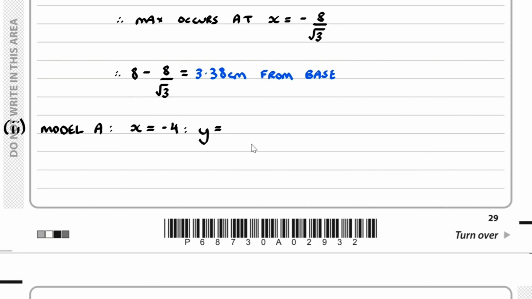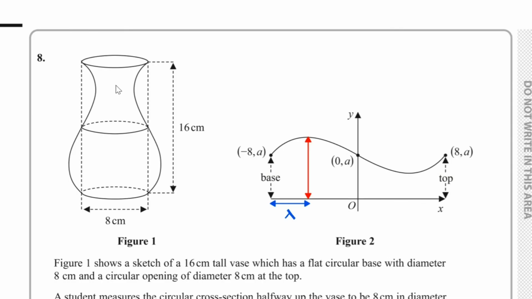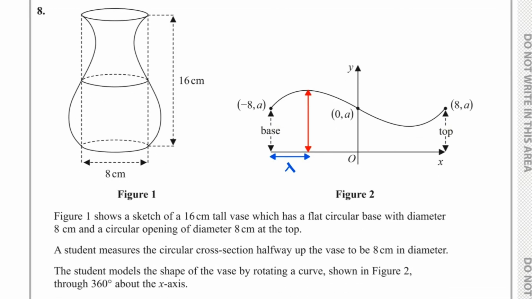So the corresponding y value will equal 4 subtract 2 times the sine of 45 times minus 4 divided by 2, which is equal to 6. So this bit would represent the radius. Rather, what we want here is the diameter.